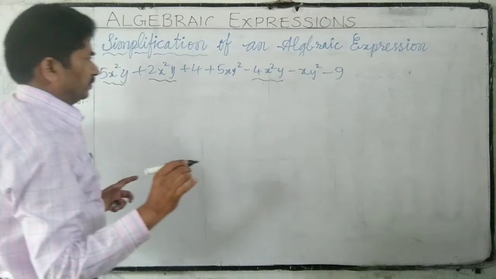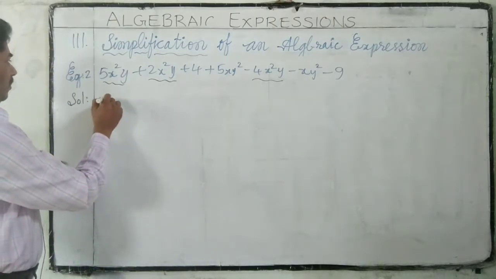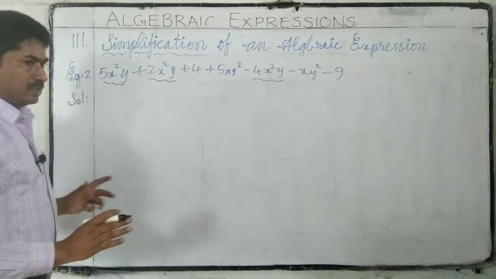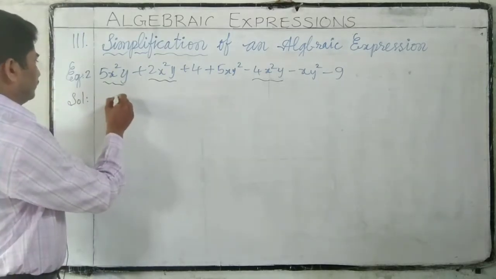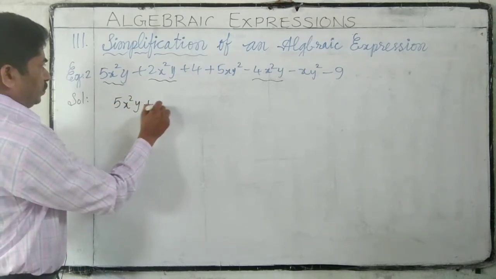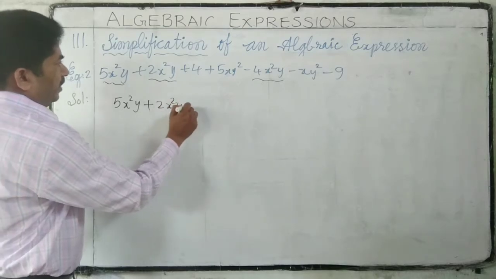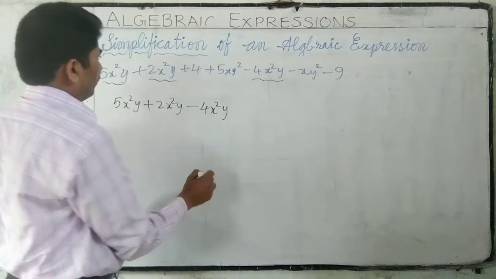These are like terms. First we have to write them together: 5x square y plus 2x square y minus 4x square y.